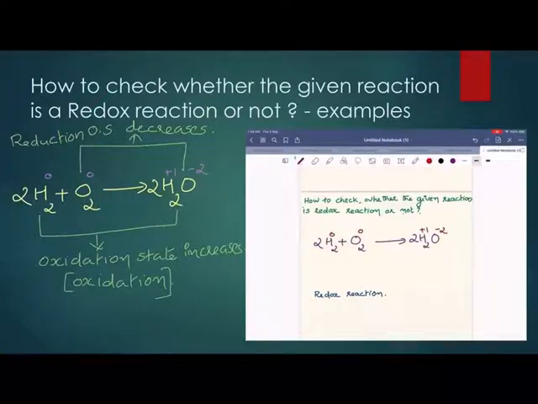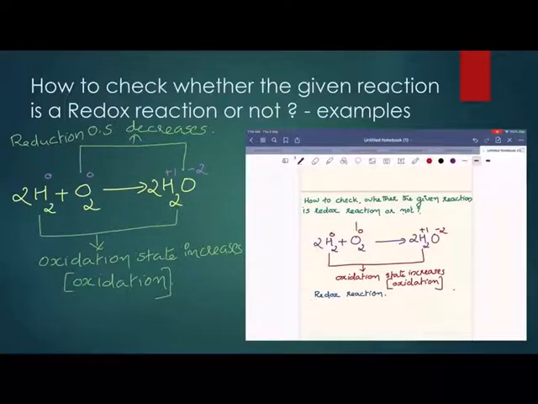Now you see, for hydrogen, what happens? The oxidation state increased. If the oxidation state increases for a species, then we can say that species undergoes oxidation.